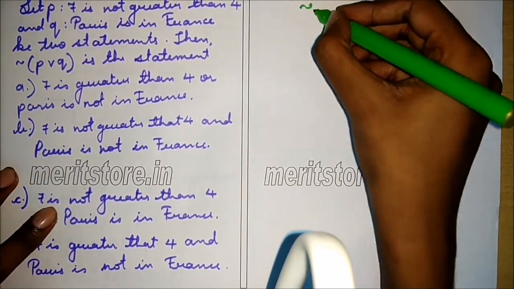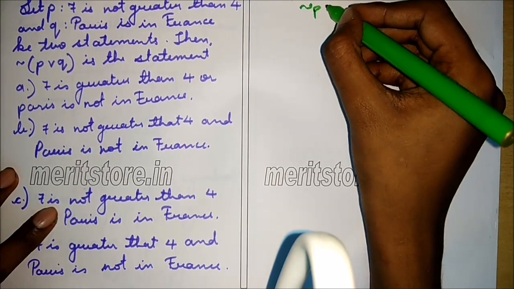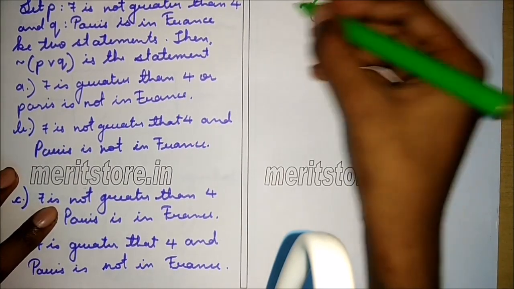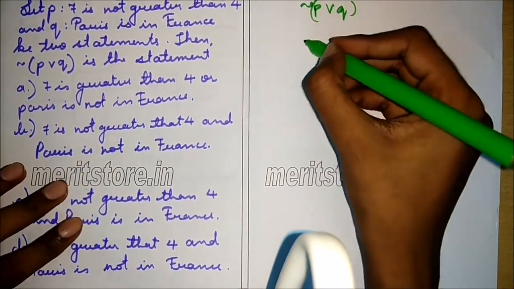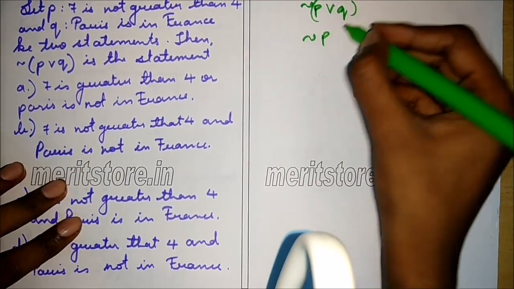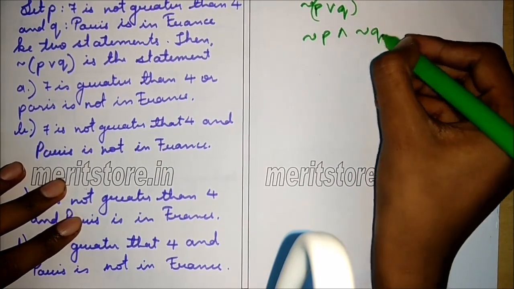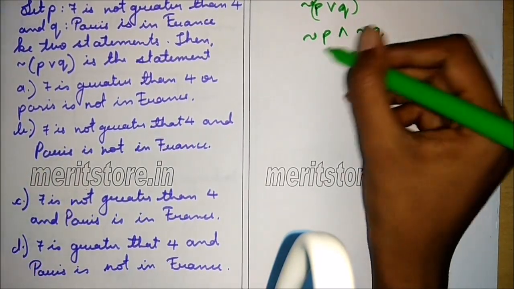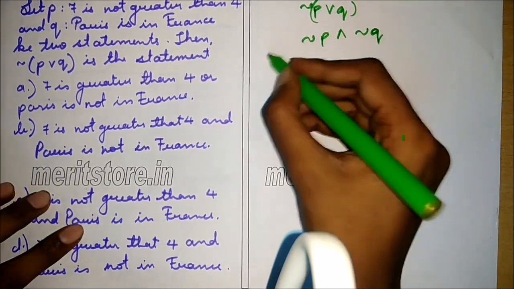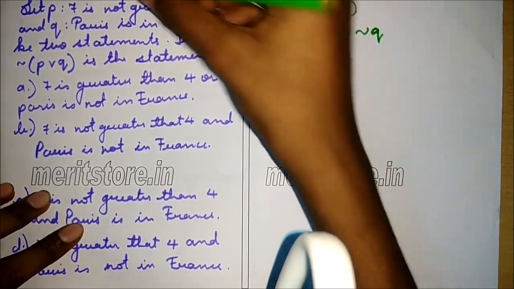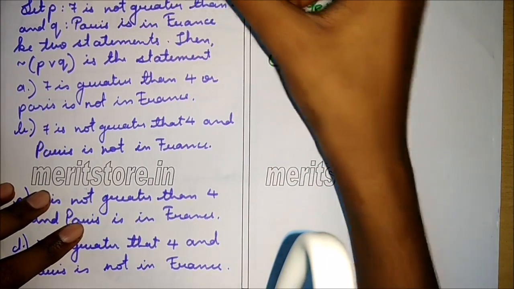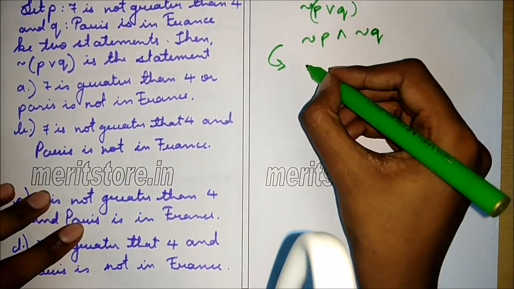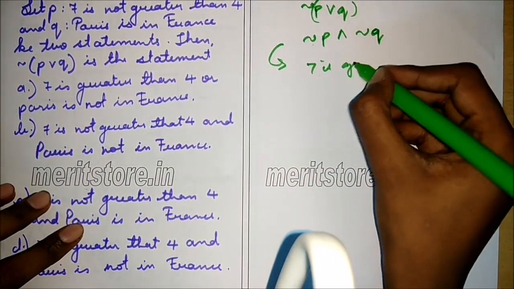So what we are supposed to find is negation of P or Q. So we put negation inside the bracket. So this will be negation of P, negation of or is and negation of Q. So we have to write a statement which is equivalent to this symbol. So negation of P is, now P is 7 is not greater than 4. So negation of P will be 7 is greater than 4.